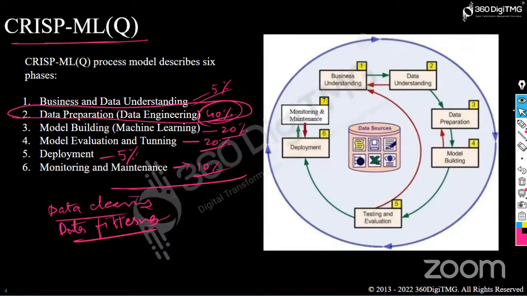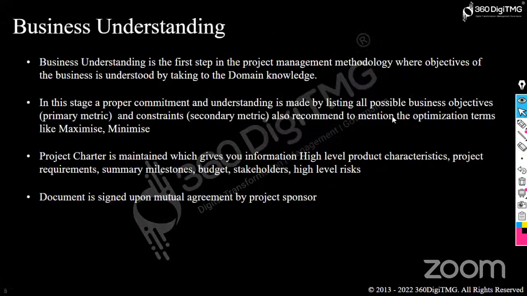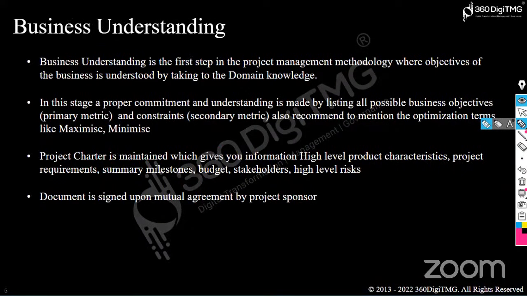Now what we have after this is each step explained here. The business understanding. When I say business understanding, the main goal is to mention the optimization term, that is maximize or minimize.